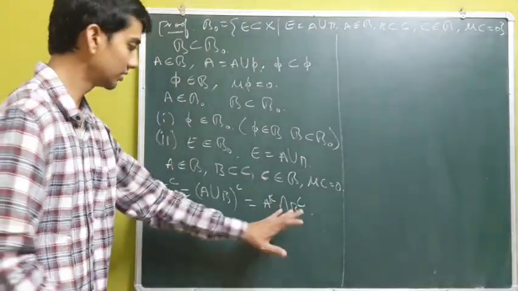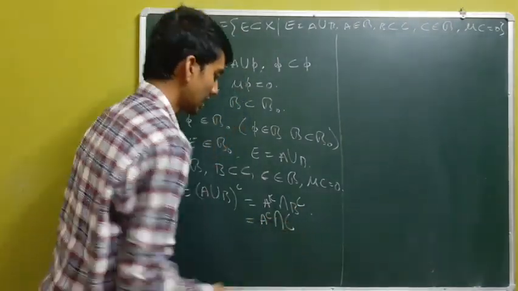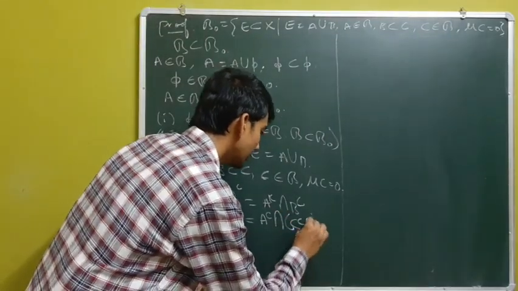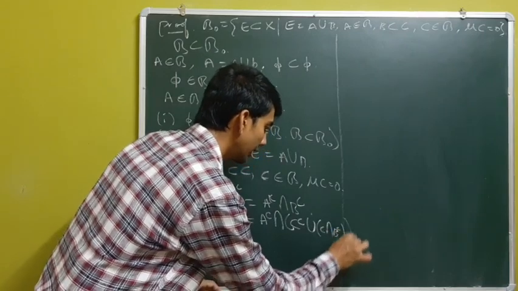And now listen to it carefully. In A complement intersection B complement, I will replace B complement by C complement union (C intersection B complement).